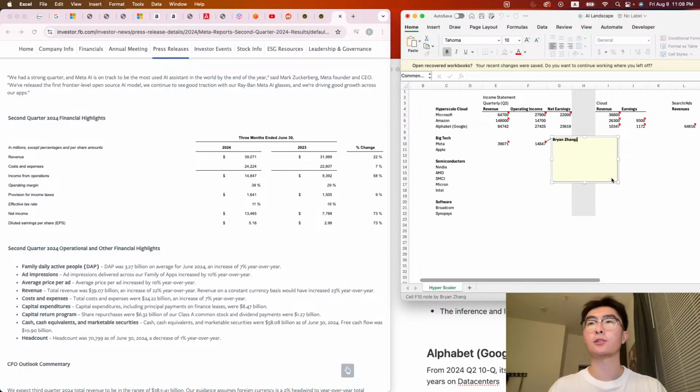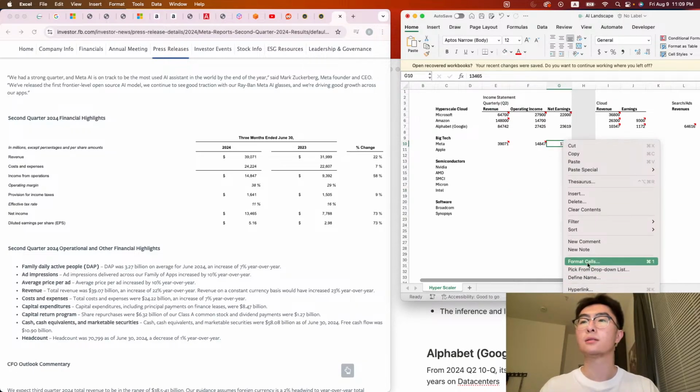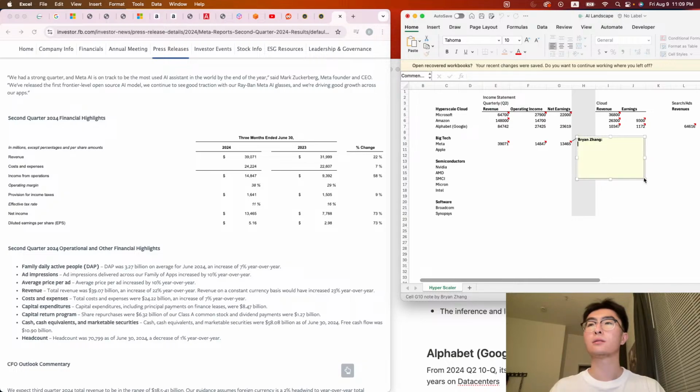Yeah, so this is also going to be Q2 2024, and what should I say here? 58% change. Okay, that's what I want to say. Okay. So up 58% year over year from 9.3, so 9.4 billion. Okay. I wonder what the quarter over quarter looks like.